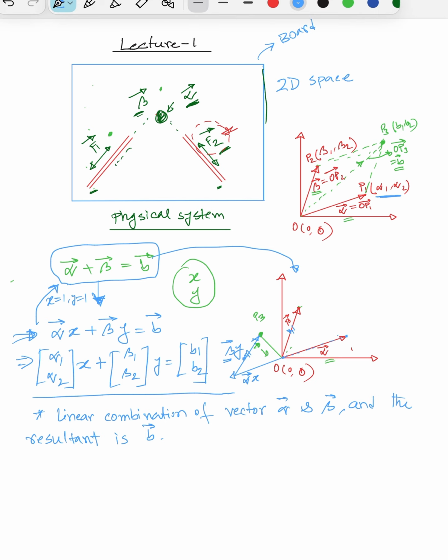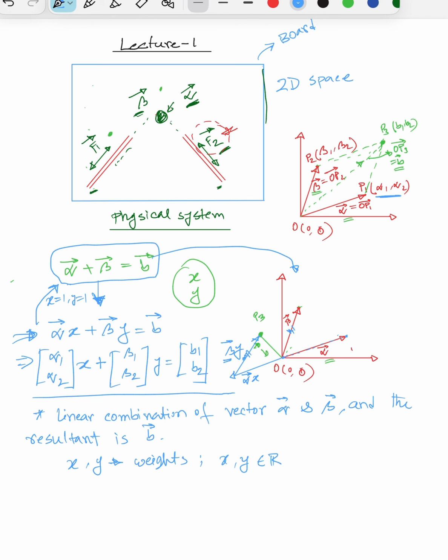And if we really see, x, y are our weights. So if we can write x, y element of real number, and there is no constraint, that means x can be minus infinite to infinite and y can be minus infinite to infinite, right?